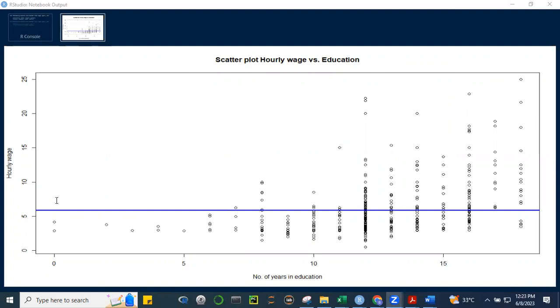And this is, di ba, 5.8 something. So whatever, it doesn't matter kung anong education, it doesn't matter kung anong race niya, it doesn't matter kung anong gender. Whatever the scenario is, ang gamitin natin na predictor is average.